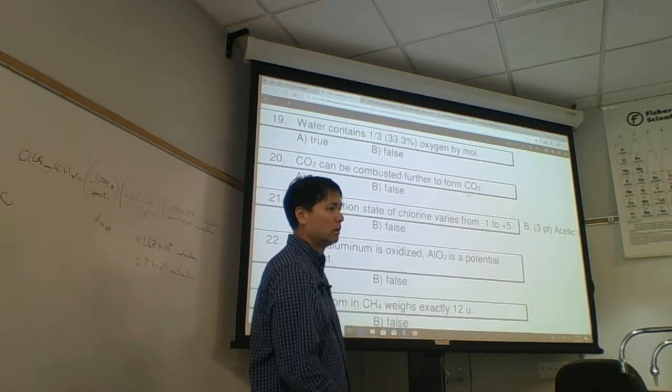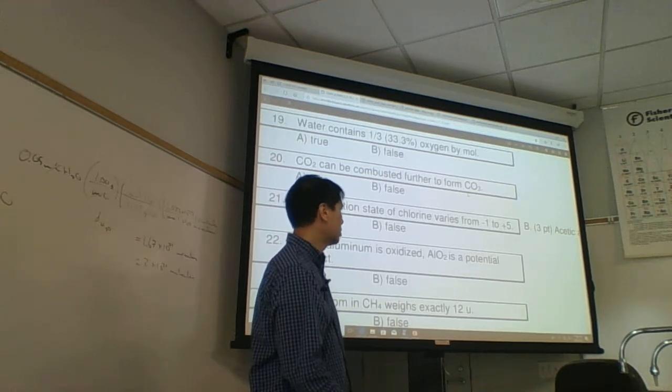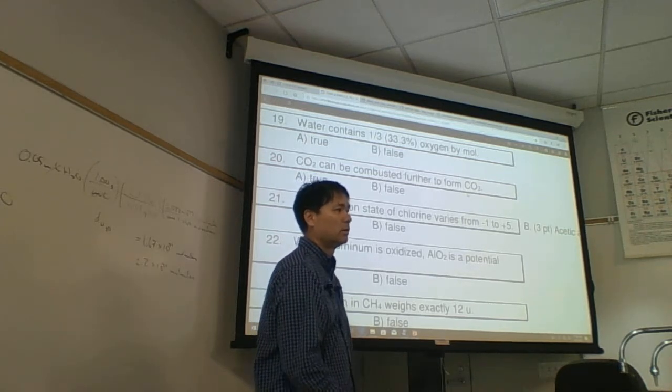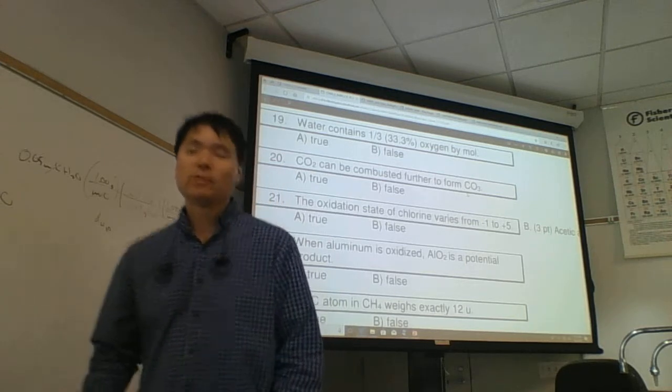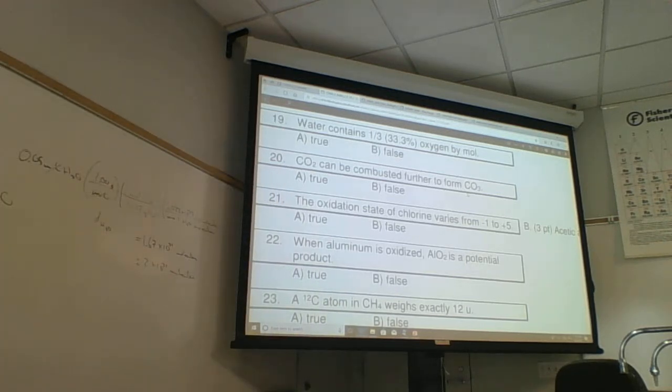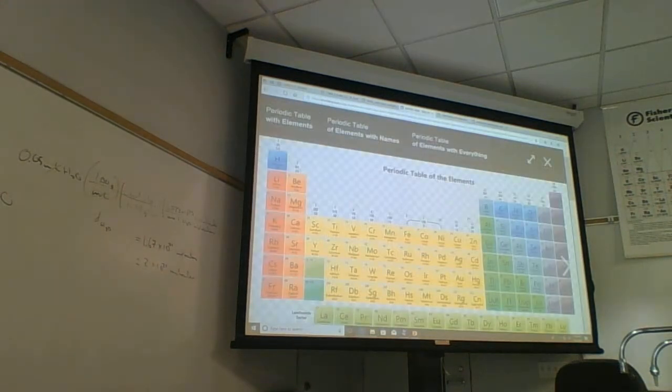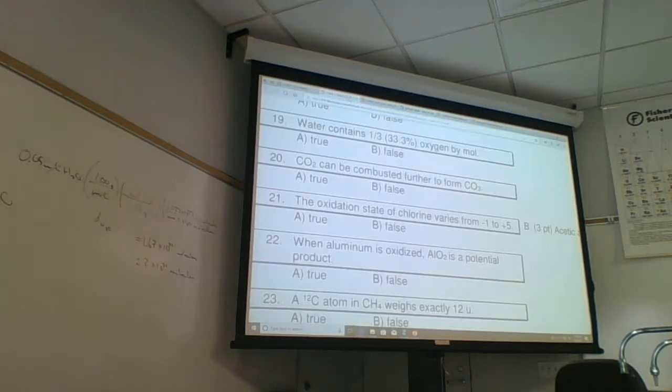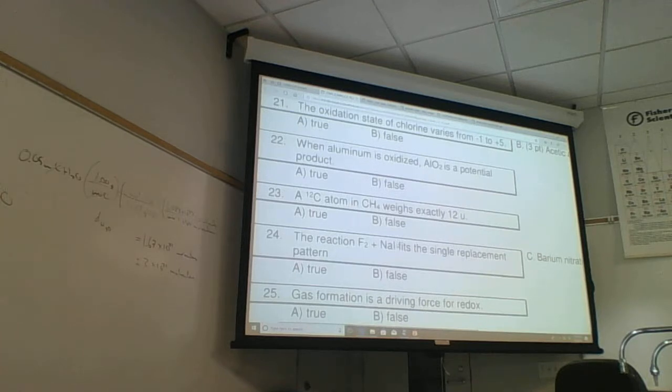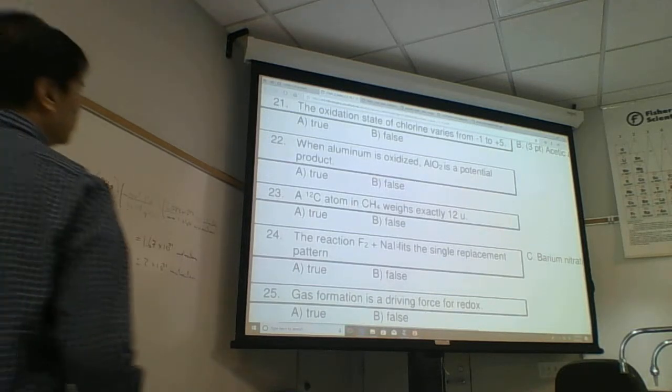Why? What's the charge on aluminum? It's +4. Is +4 an okay charge for aluminum? No. What should the charge be? +1, +2? It should be +3. +3 is going to be the max positive charge on aluminum. False.